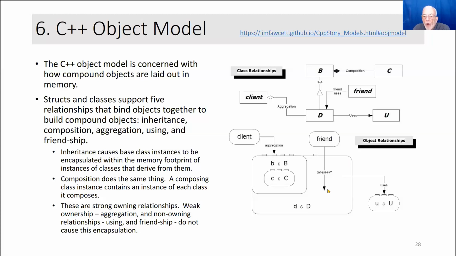So first of all, we see here the B object wholly contains in its memory footprint an instance of the C class.